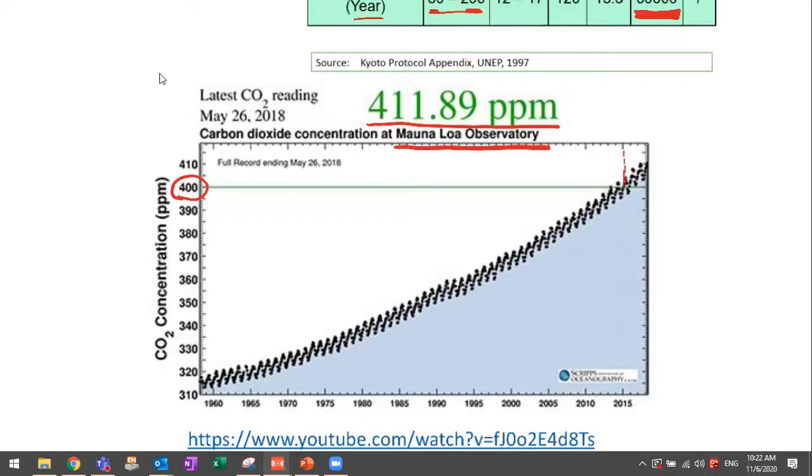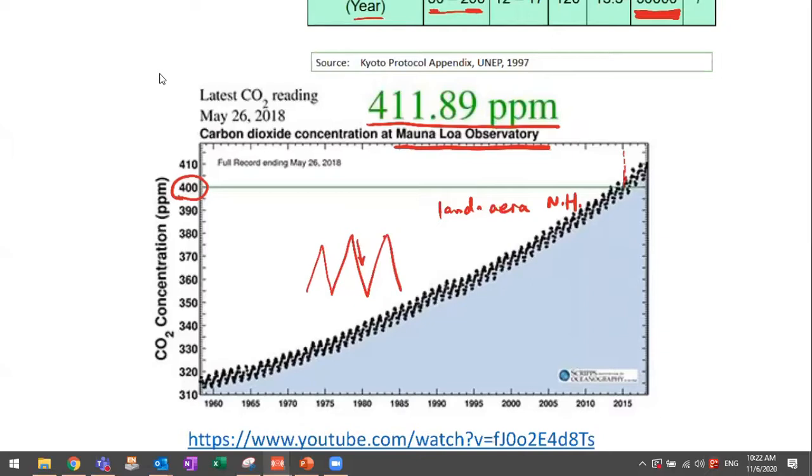We also mentioned that there are zigzags in this curve. The zigzags are because of the seasons, right? During the summertime of the northern hemisphere, because of the larger land area of the northern hemisphere, there is more photosynthesis happening, so you can see the carbon dioxide concentration decrease.